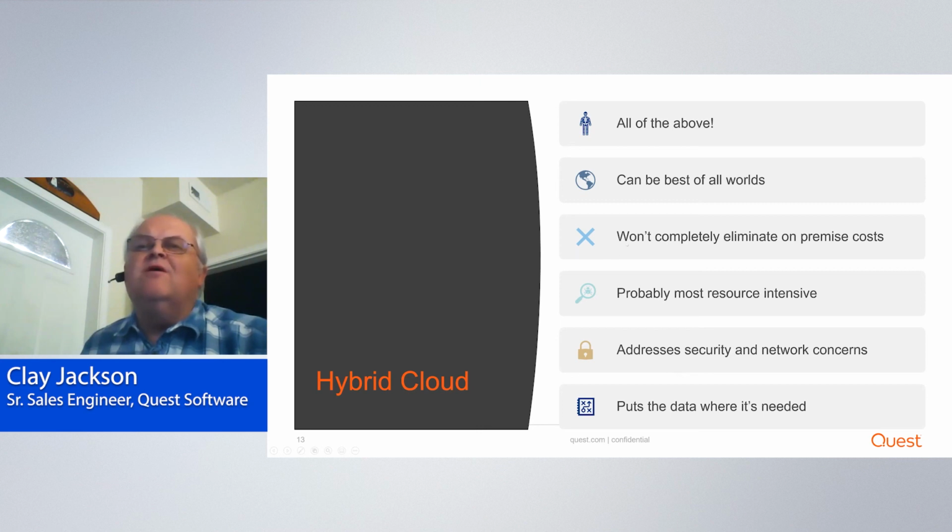Completely eliminate on-premise costs, but you can control them because you're only keeping the stuff on-premise that needs to be on-premise. It's probably the most resource intensive, but it does address network and security concerns. And again, you can put the data where you want it. If you've got users in Singapore, you can put some data in Singapore and some data in Portland, Oregon, and you're not going to have to deal with network latency and some of those other issues.